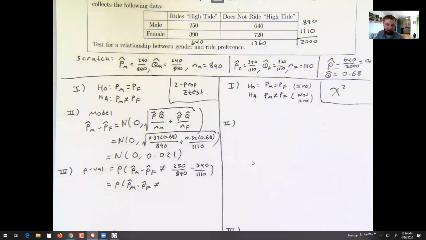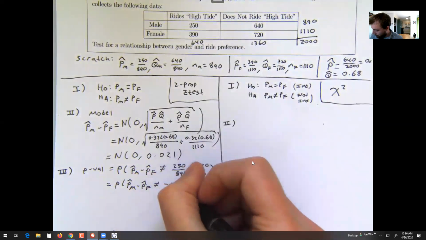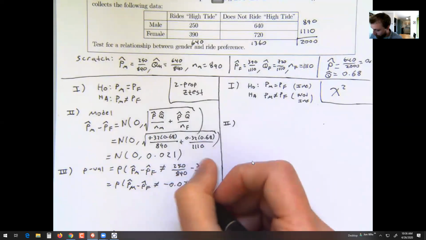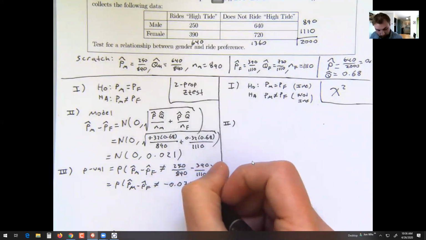I'm going to type this into my calculator to see what I get for my value. My value that I still have to put on my curve and find my z-score and find my p-value using. But I currently have a difference of 0.0705 or so.